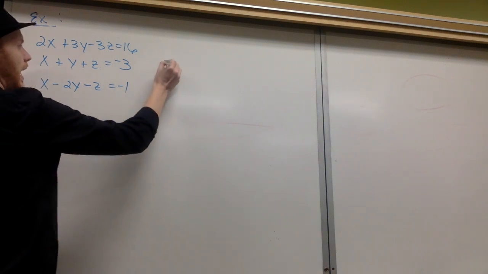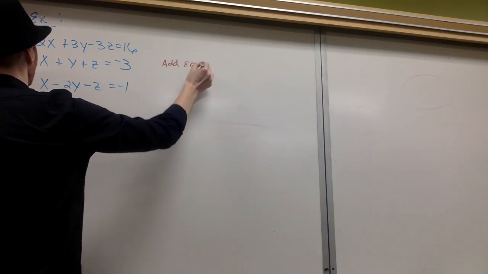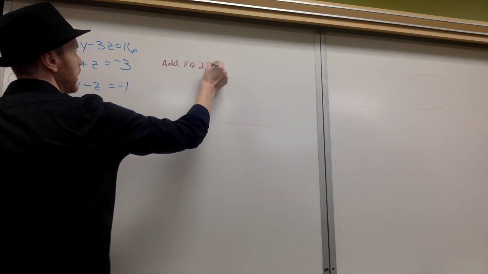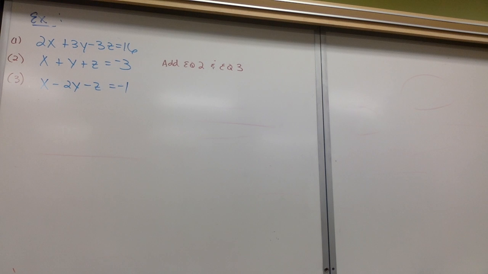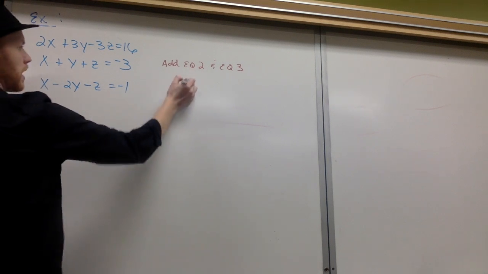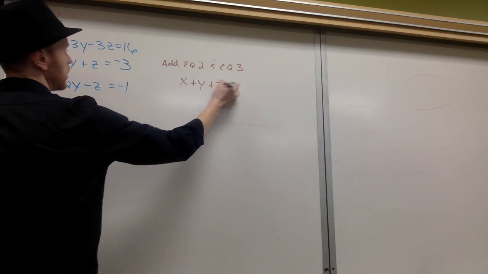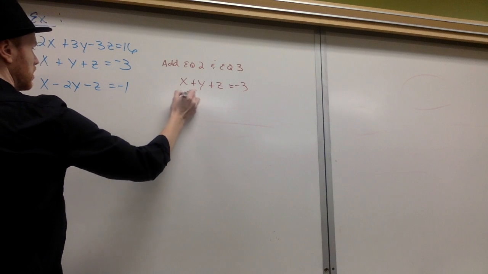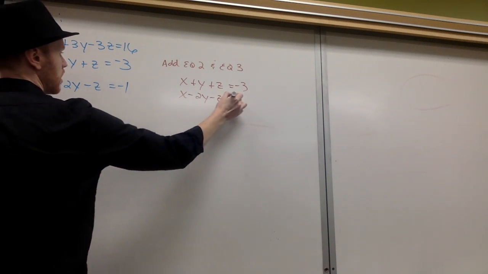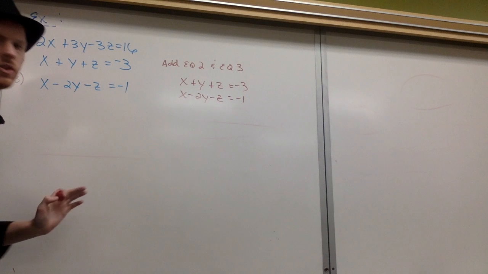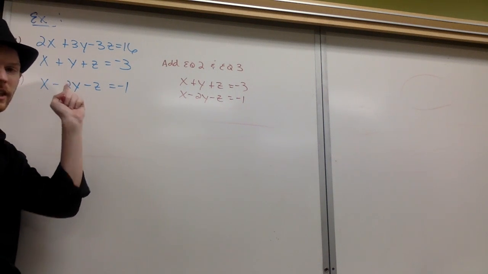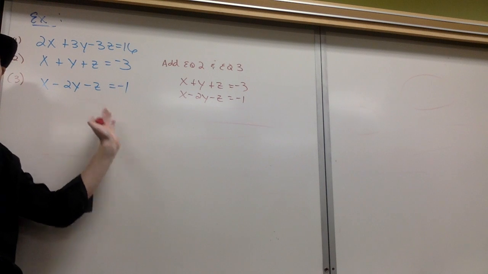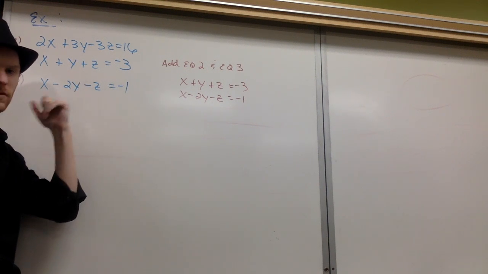I'm going to add equation 2 and equation 3 together. That's my first step. I'm going to rewrite it on this side. And just a note, you don't have to eliminate z first. I could eliminate x or anything else that I wanted to. I just figured this is a little bit easier because it's already kind of set up for us.